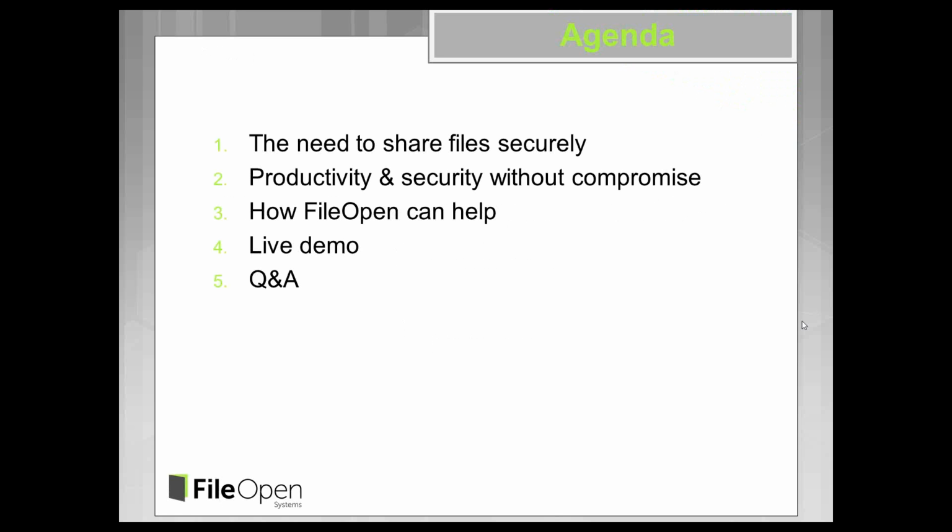Then we're going to transition from the theory to a live demo, so you can see that process in operation, and you can see exactly how the security is achieved, and just as importantly, what the end-user experience will be. Following that, we'll have a Q&A session, as Emmanuel mentioned.